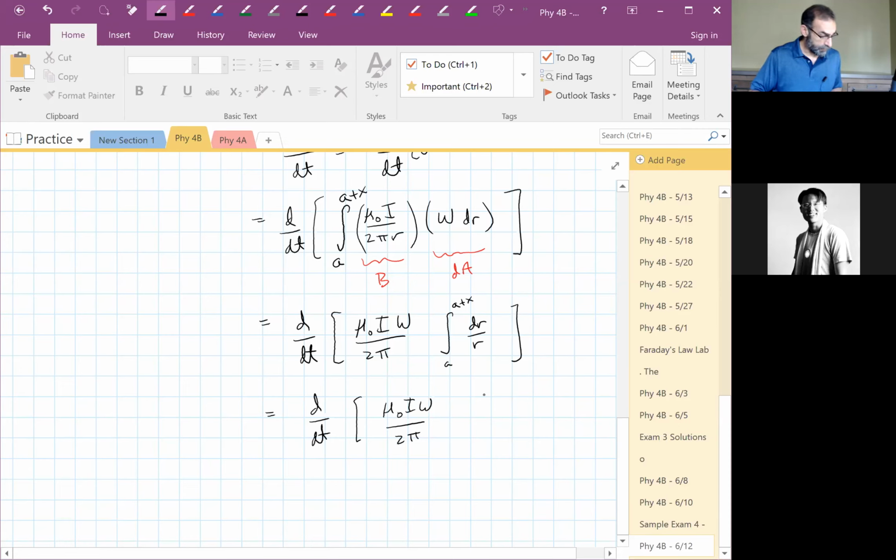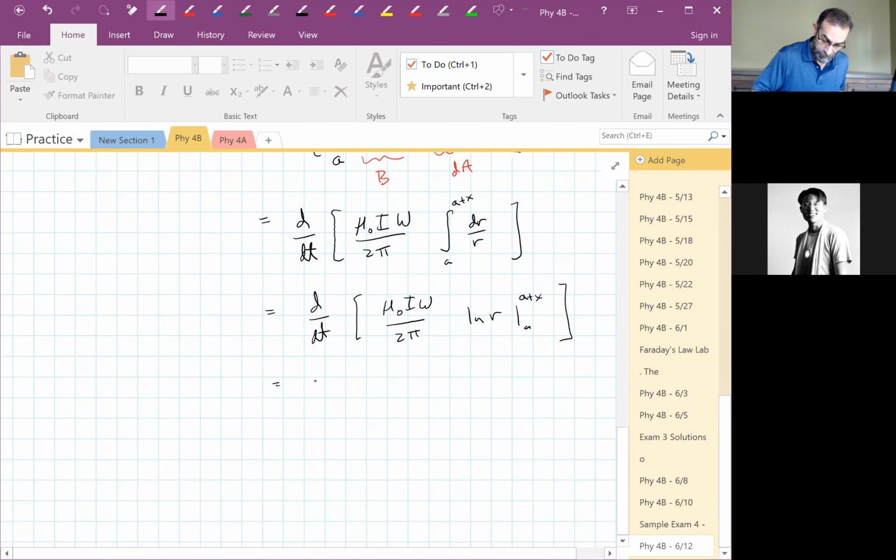And the integral of 1 over r is the natural log of r. And that's the natural log of a plus x minus the natural log of a, which is the same as the natural log of a plus x over a.